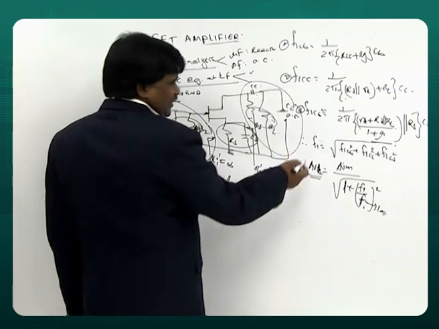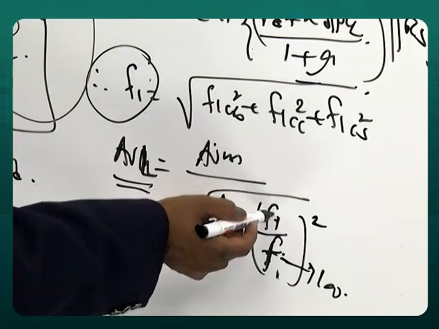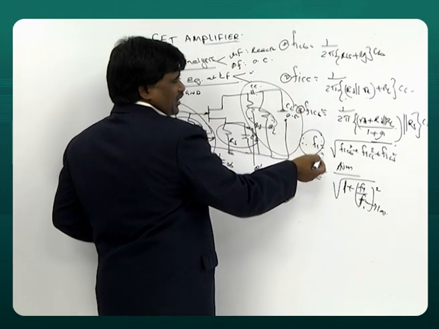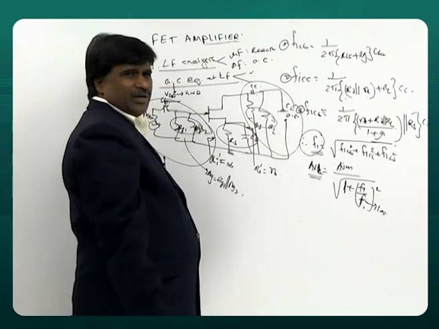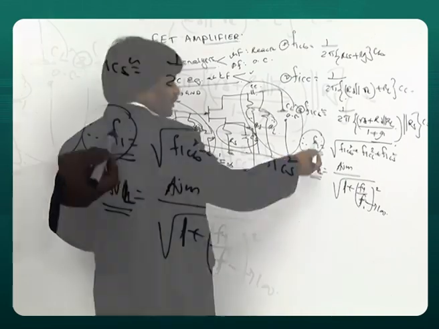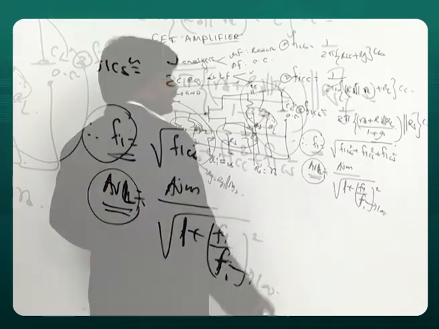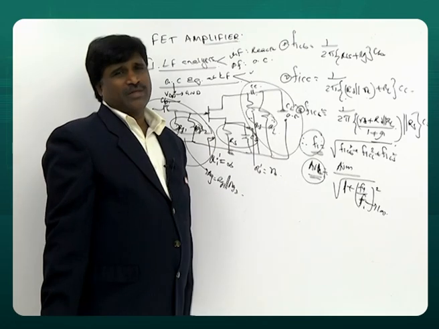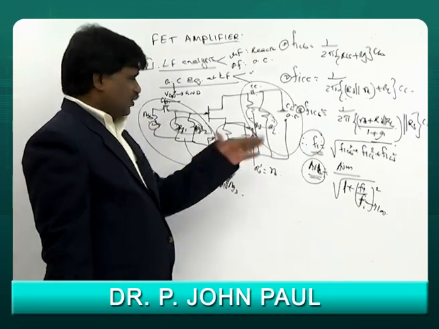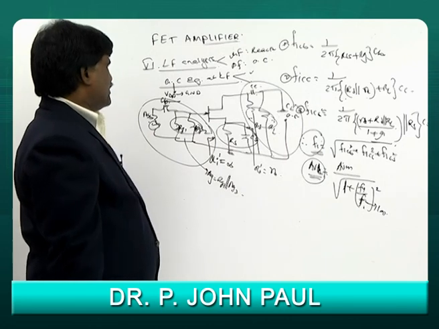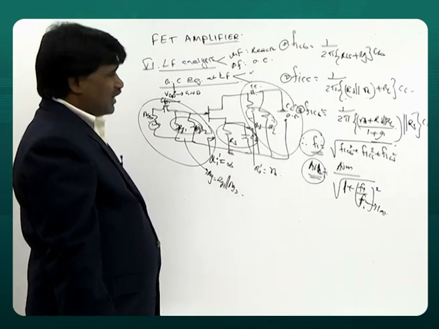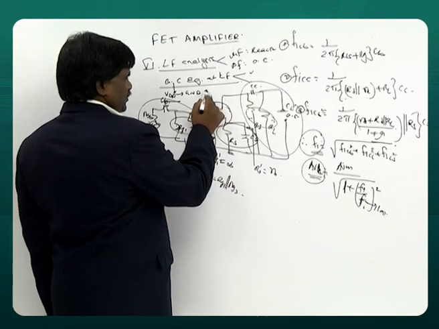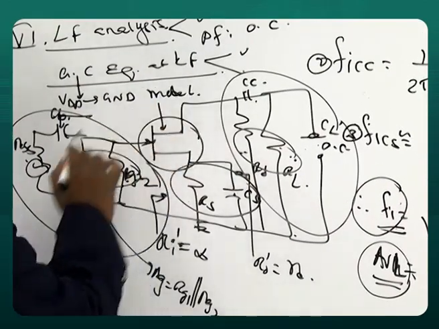So the overall cutoff is generated from here. The very purpose of calculating all these 3 is to calculate F1, and after calculating this, that will estimate AVL. That's why I said do mid-frequency analysis and then go to high frequency or low frequency. This is called low frequency analysis. But don't forget, you have to replace with the model.